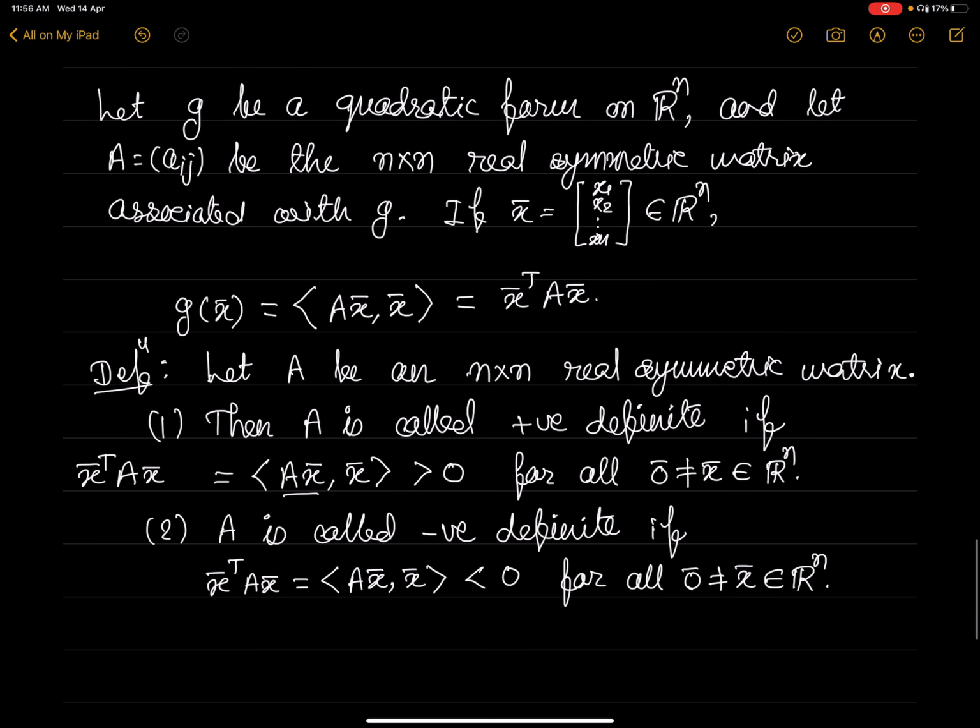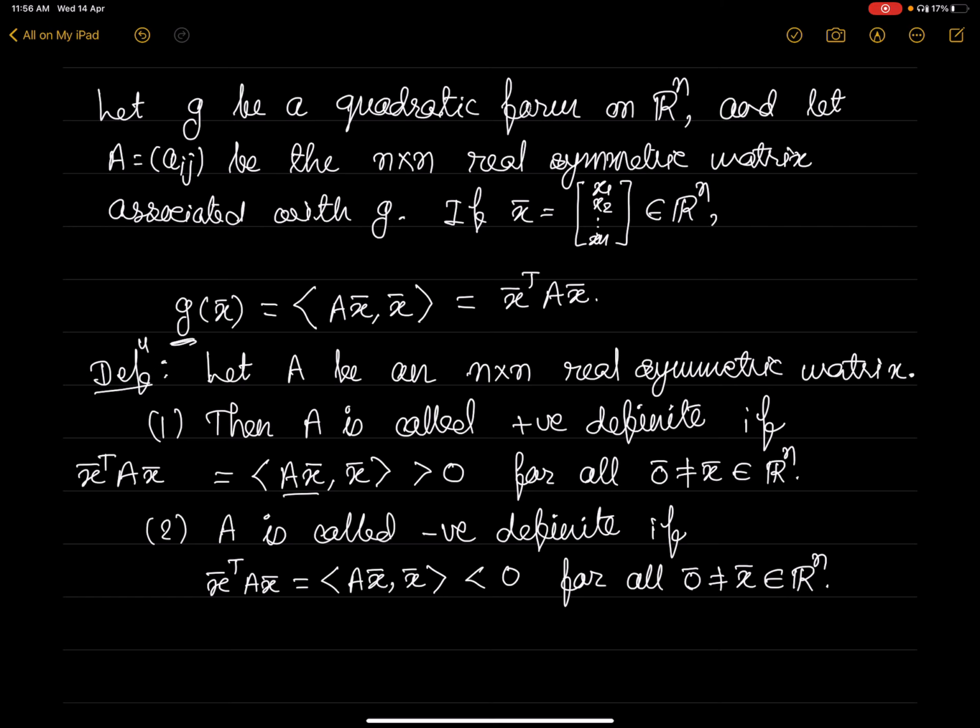See, we have defined this for a real symmetric matrix A, but we can also define it for a quadratic form. That means if we are given a quadratic form G, then we may associate a real symmetric matrix A so that G(x) is inner product of Ax with x.